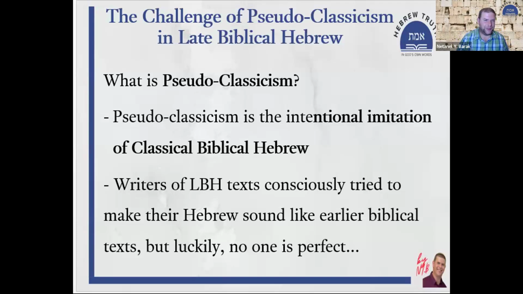Right. So we talked about pseudoscience, pseudonyms, pseudepigraphy, pseudo-classicism. Pseudo-classicism is the intentional imitation of classical biblical Hebrew. Why? Because if I am Esther, or whoever is writing the Book of Esther, I'm not writing it like I'm writing my notes. I'm writing it in the best form possible. What is the model form for biblical literature? That's biblical Hebrew.